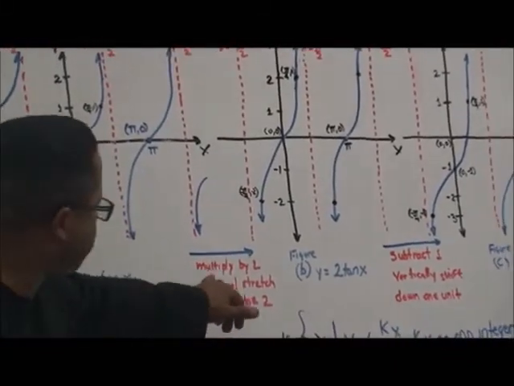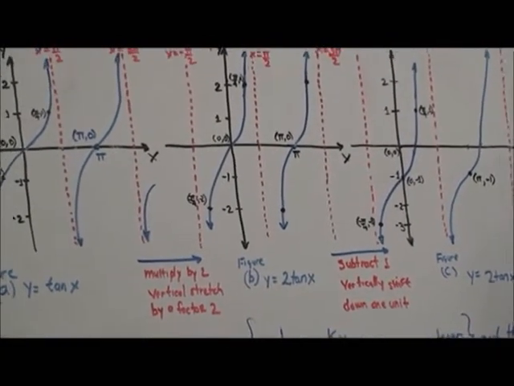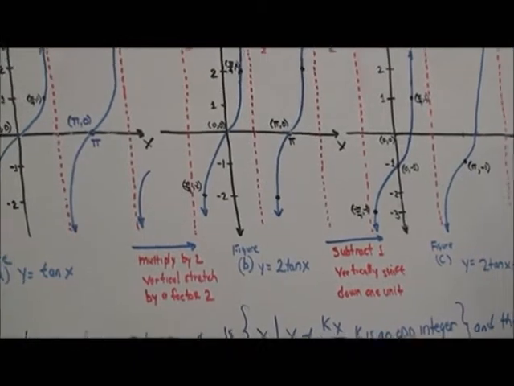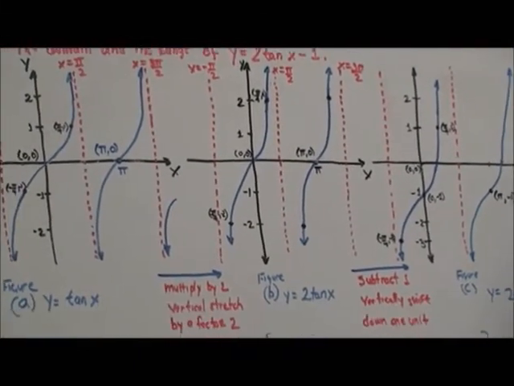Now let's look at what happens when we multiply by 2. When we multiply by 2, there's a vertical stretch by a factor of 2.